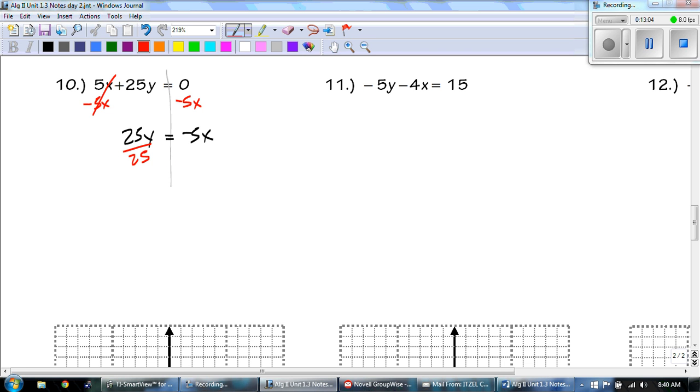To solve for y, I'm going to divide by 25, and we get y equals negative 1/5 x. So my slope is negative 1/5, which means I'm going down 1 and to the right 5. My y-intercept is (0, 0).